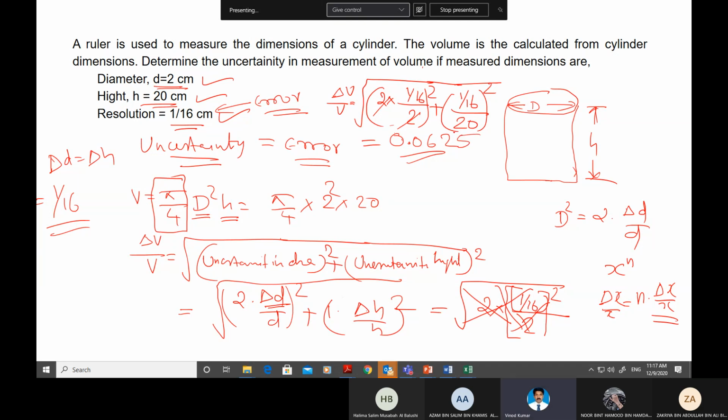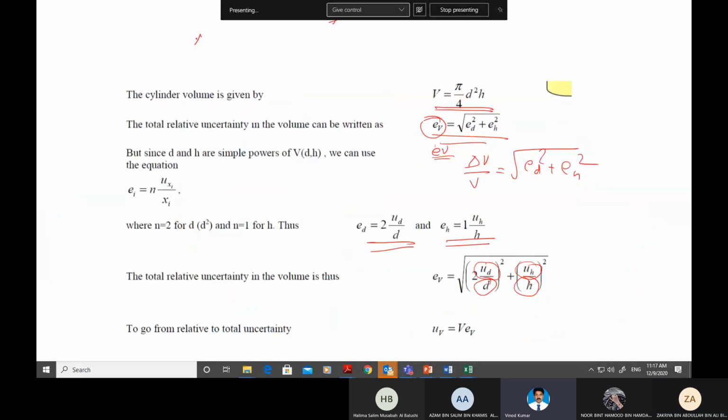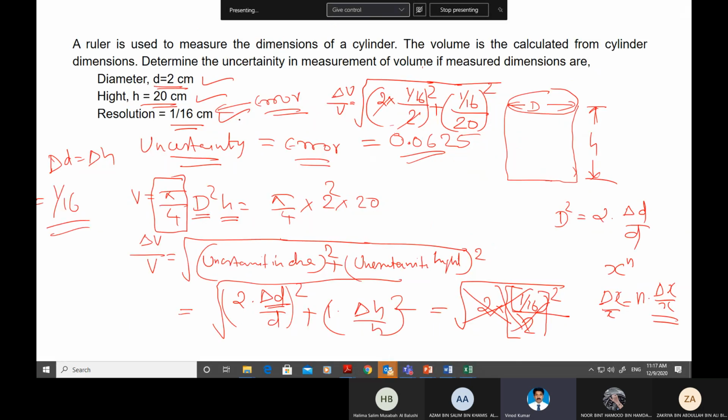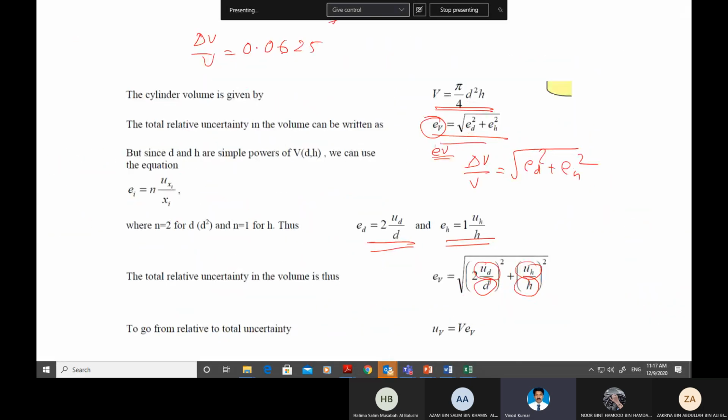Yes, doctor, same answer. So we got delta V by V as 0.0625. From here, what is the error?